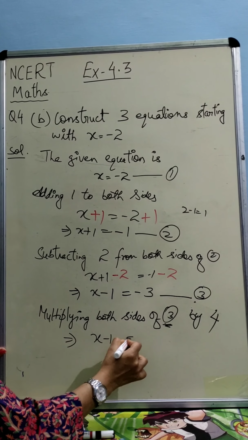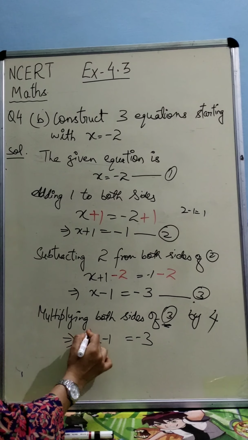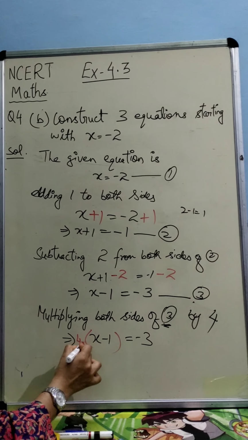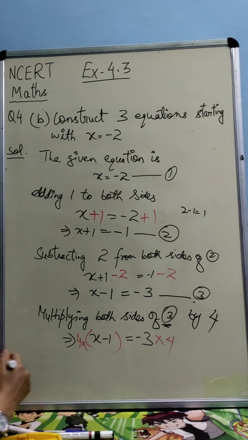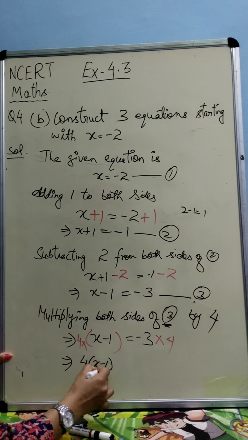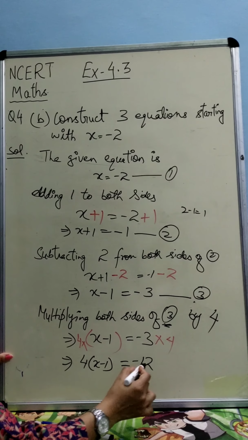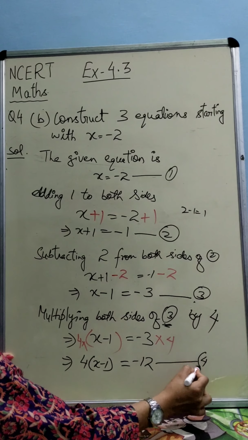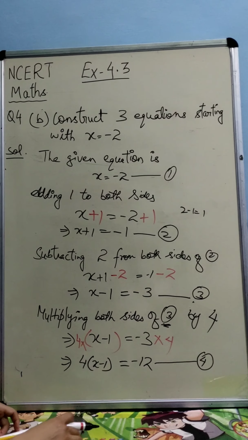So equation was this. What we have to do is multiply by 4 both sides. That is 4 into this and 4 into this also. So that is 4 into x minus 1 is equal to 4 3s are 12 and plus minus is minus. So this is the next equation.